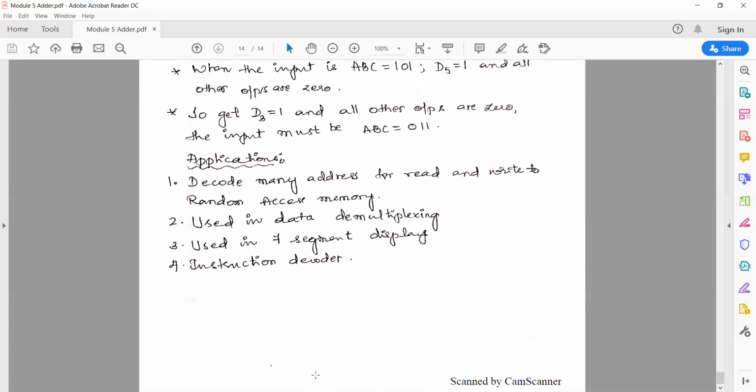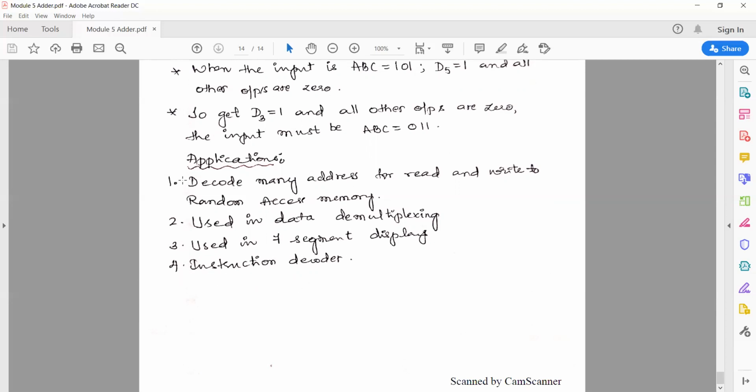It is also used in data demultiplexing, in 7-segment displays, and in the instruction decoder. In microprocessors, in order to design a computer, we require all these things: the 7-segment display, the demultiplexer, as well as the instruction decoder, which we are going to study in future courses.